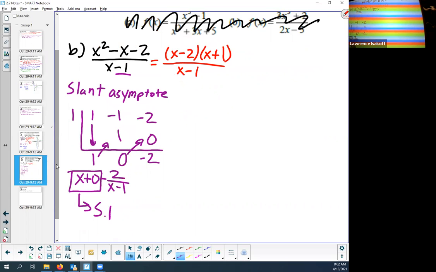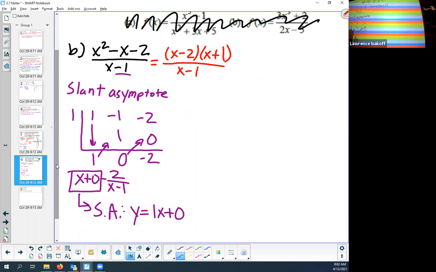So I'm just going to abbreviate that SA, is y equals 1x plus 0. Now I'm writing it that way so it's very obvious what my b is, 0, the y-intercept is 0, and it's very obvious that my slope is 1.